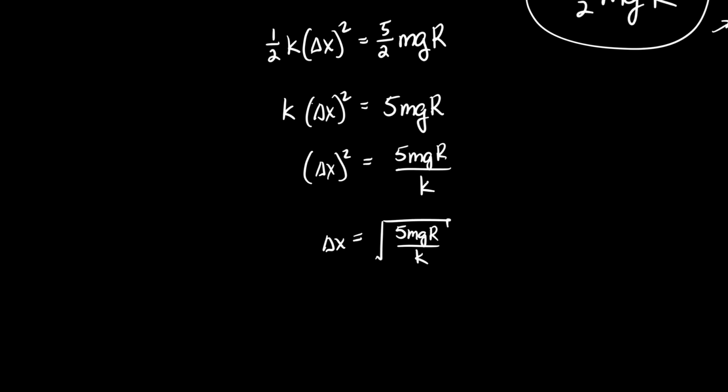Nobody? A spring of spring constant 7,500 newtons per meter is placed in front of a curved ramp as shown. A 5 kilogram box is pulled back 20 centimeters against the spring. So we've got this track-like looking thing, like so.